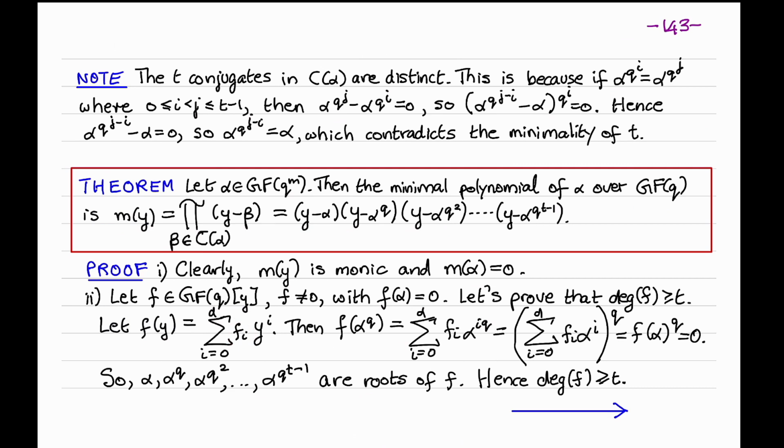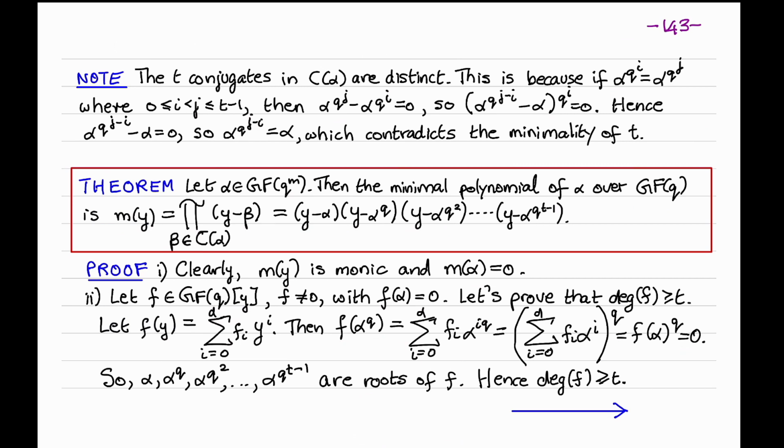Evaluating f at alpha to the q, we get this summation. Since q is a power of the characteristic of GF(q) to the m, we can pull out the power q to get this expression. Now the sum is just f of alpha, which by definition is 0. And so f, evaluated at alpha to the q, equals 0.